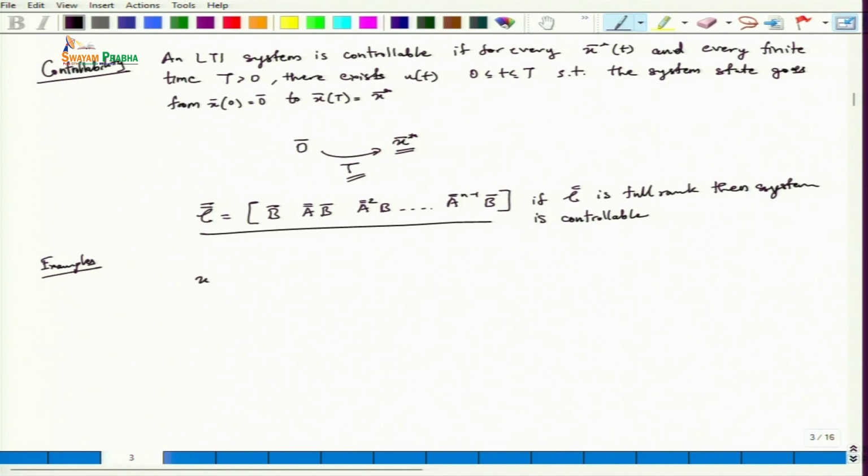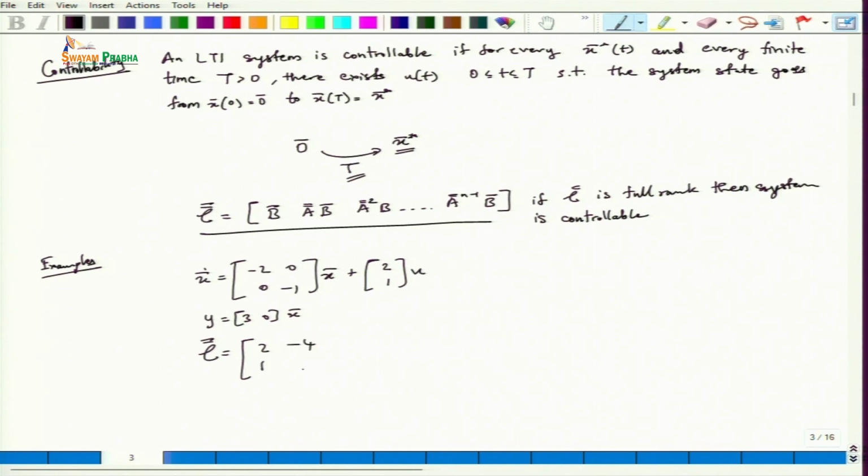So let us consider we have this particular system. If we write down the controllability matrix for this, what we get is 2, 1, minus 4, minus 1.